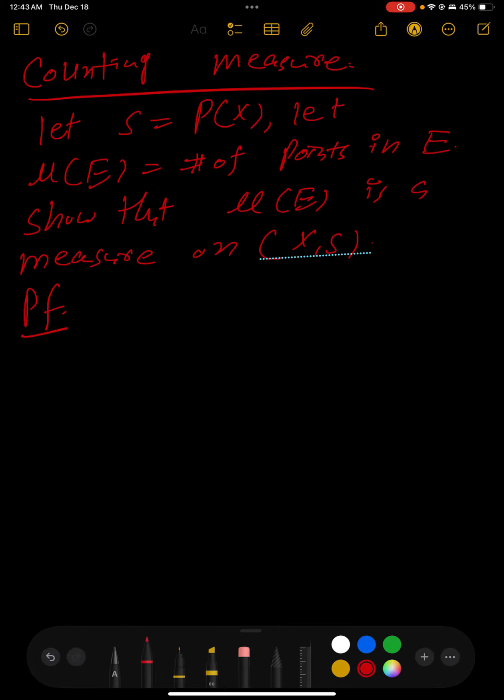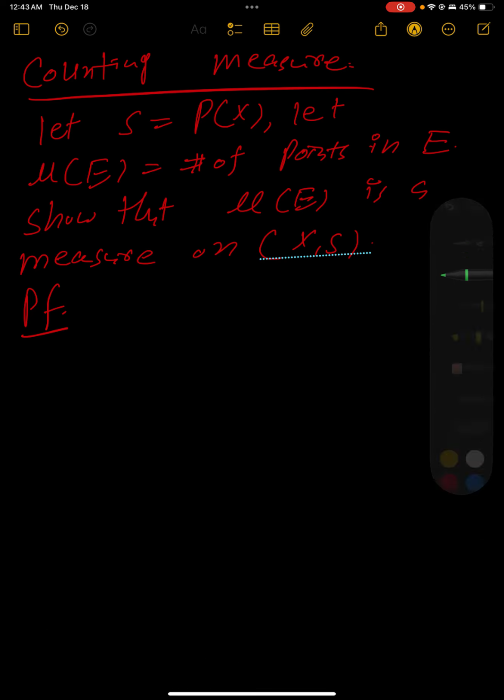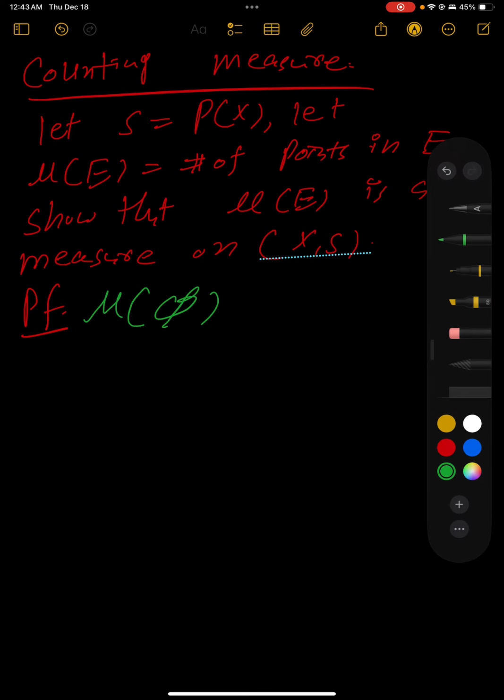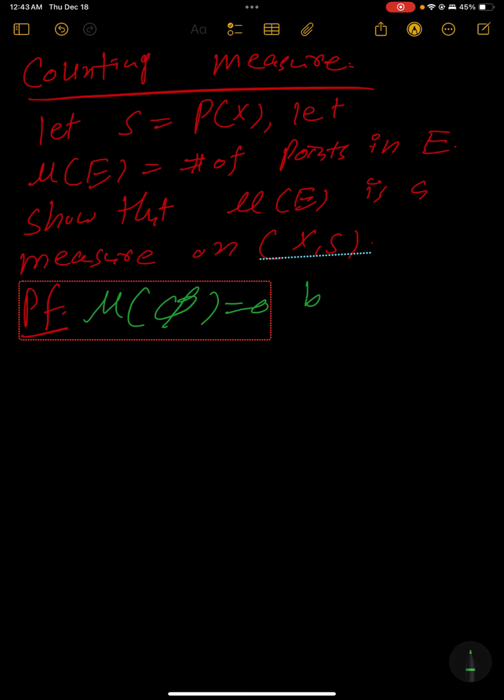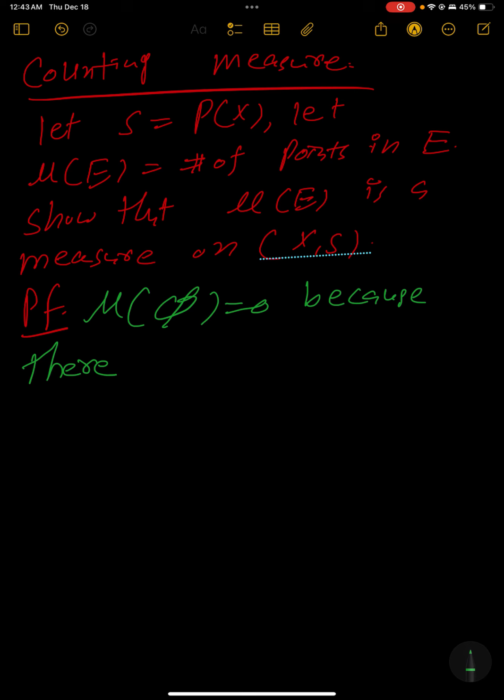First, clearly the measure of the empty set is 0, because there is no point in the empty set.